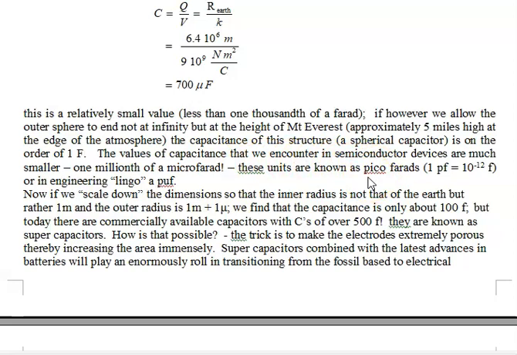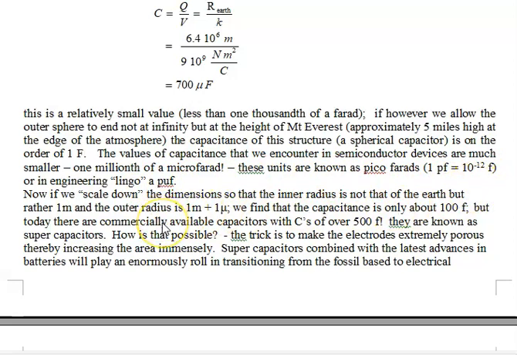They're 1/1,000,000th of a microfarad. 1,000th of a microfarad would be a nanofarad. 1,000,000th of a microfarad would be something called a picofarad. Pico refers to 10 to the minus 12th, and it's abbreviated as pF. And if you're an engineer, you certainly would know the lingo. We call it a puff. So 1 puff is 10 to the minus 12th farad.